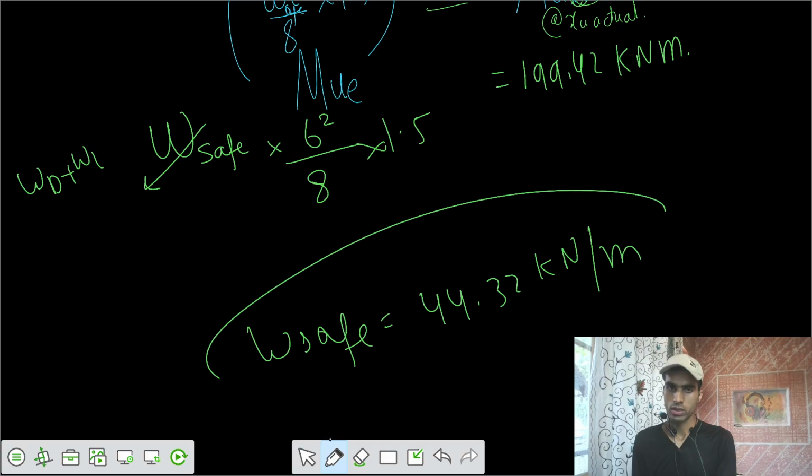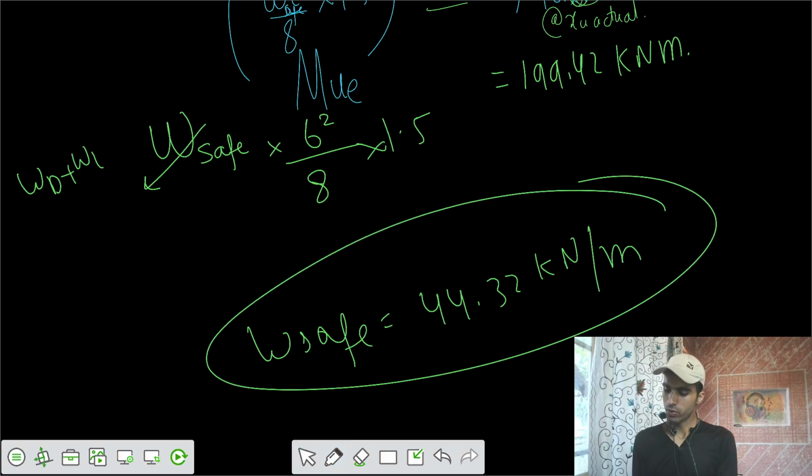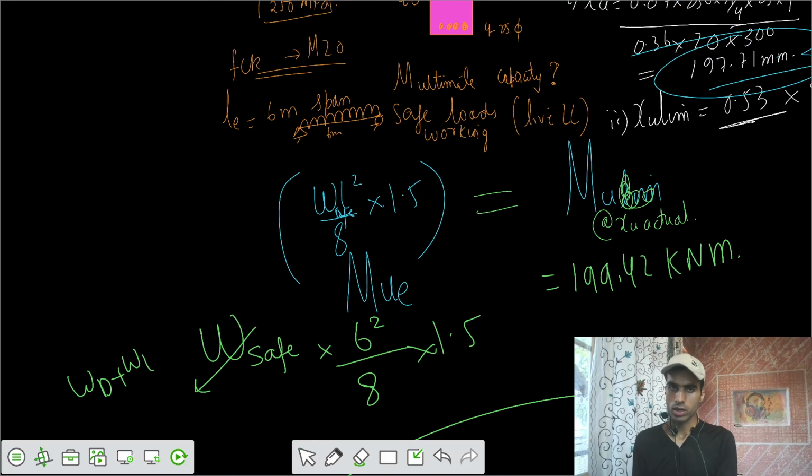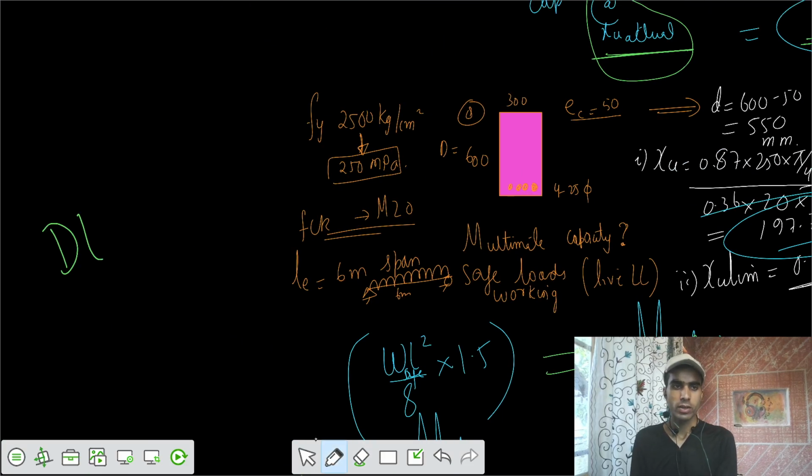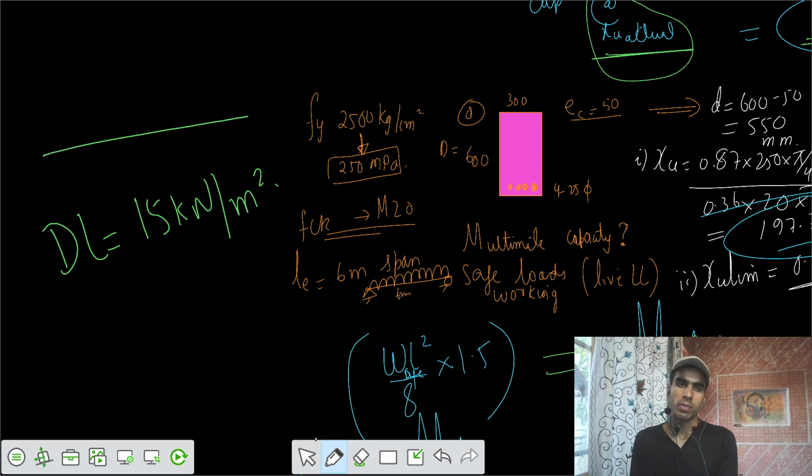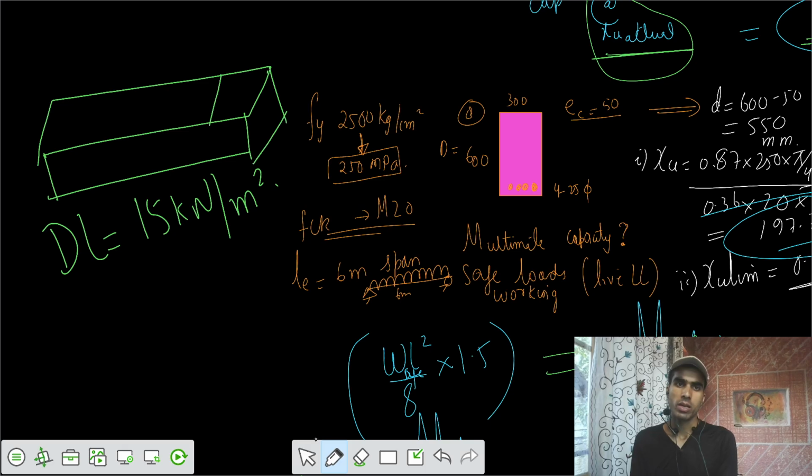Now it was given that the dead load is equal to 15 kilonewton per meter square. If you take a 1 meter strip of the section, with the cross section B into D, we have the width of B and a length of 1 meter.